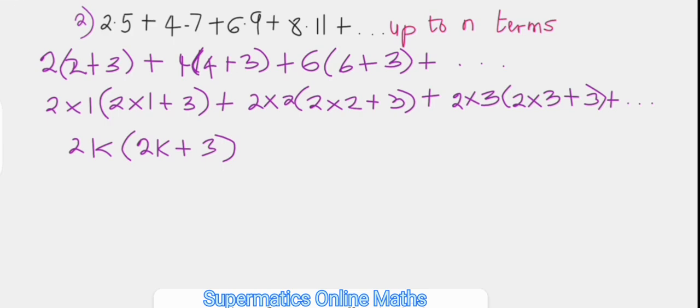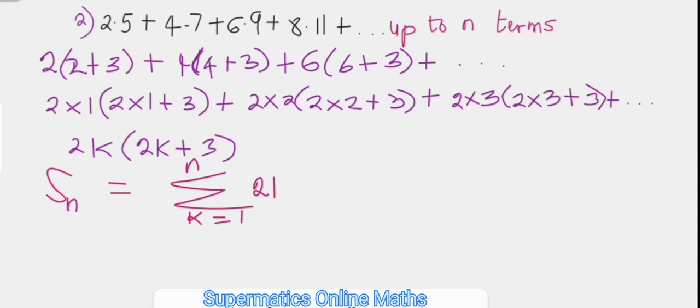So once again, if we let Sn be the sum, then the sum is k from 1 to n, since we're looking for the sum up to the nth term, of 2k times (2k plus 3). Then we are going to open up the parentheses.